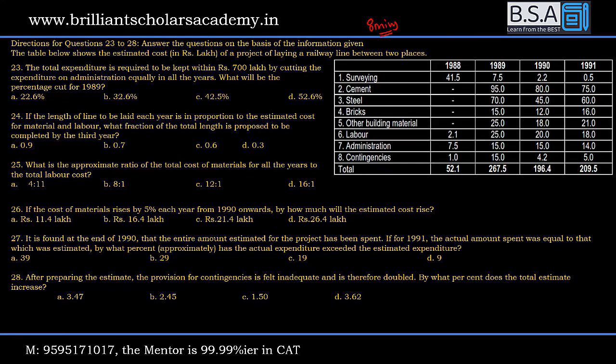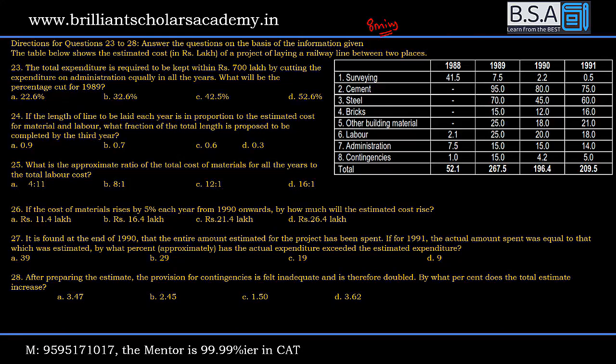What is the approximate ratio of total cost of materials for all the years to total labor cost? If the cost of material rises by 5% each year from 1990 onwards, by how much will the estimated cost rise? If it is found that at the end of 1990, the entire amount estimated for the project has been spent by 1991, if the actual amount spent was equal to what was estimated, by what percentage will the actual expenditure exceed, and so on.